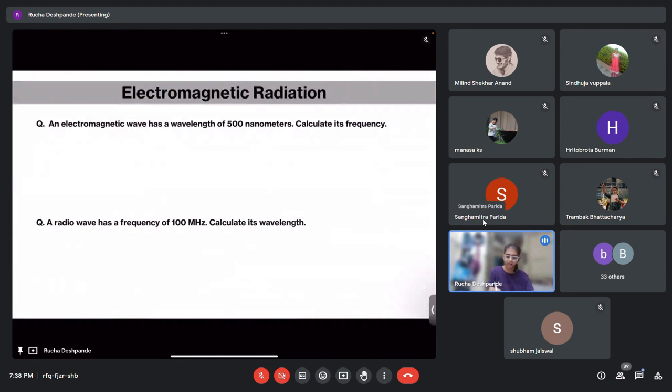Here we have been given the wavelength, so lambda equals 500 nanometers.